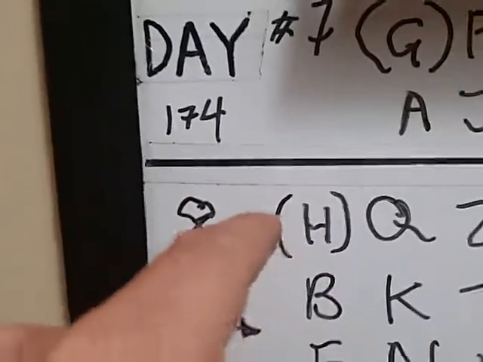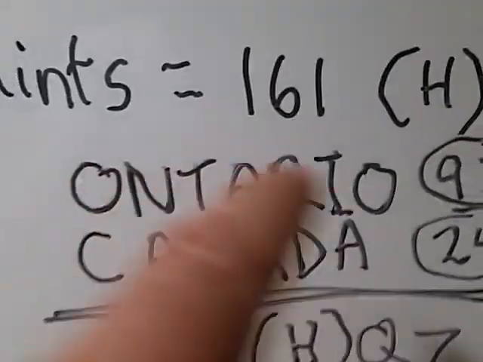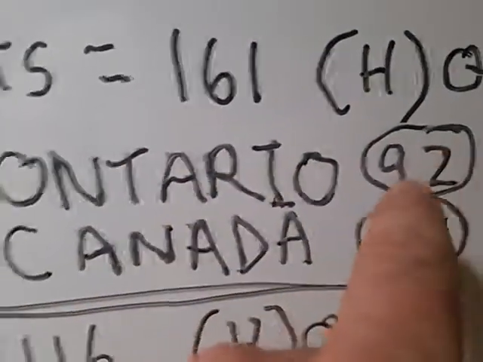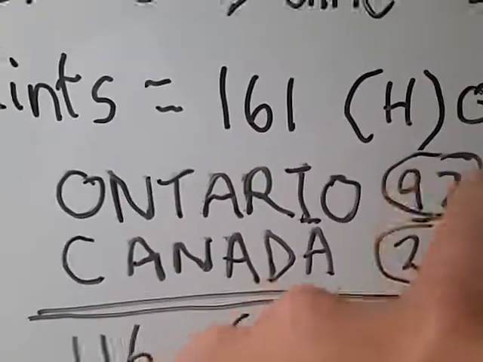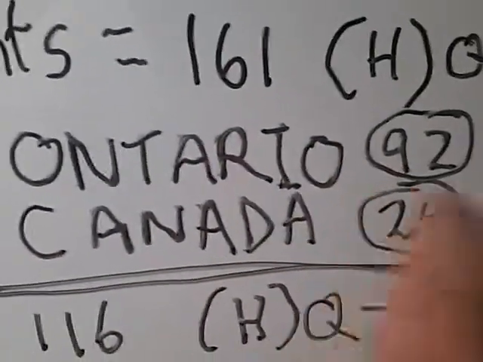All right. Now, remember the J says Corbeil. Now, I know it's Ontario, Canada, so Ontario has a simple gematria value of 92. Canada has a simple gematria value of 24.